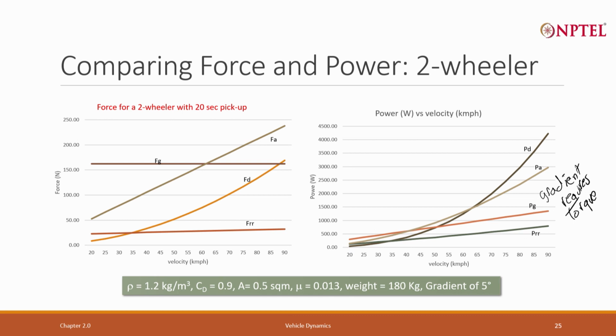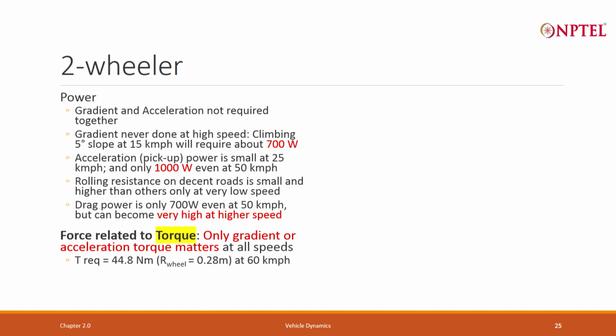So, torque required, if I assume a 0.28 meter wheel radius, my two-wheeler typically has 0.28 meter, it is about 45 Newton meter. That is a large torque. This is what is required for gradient.